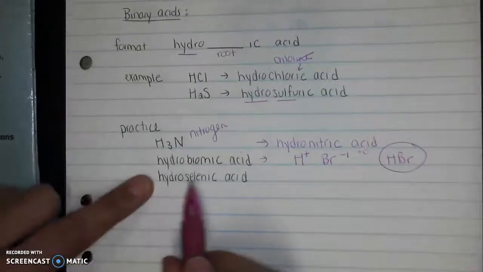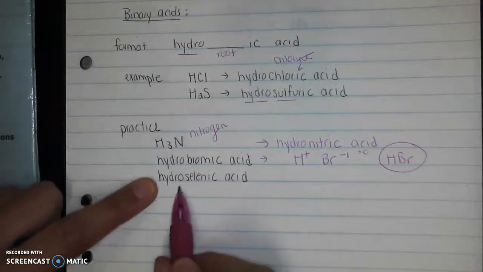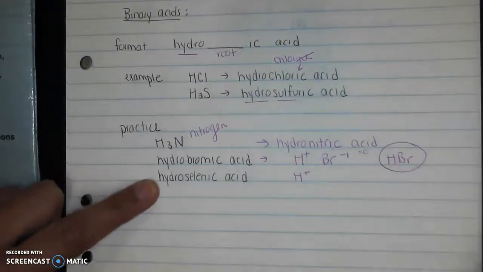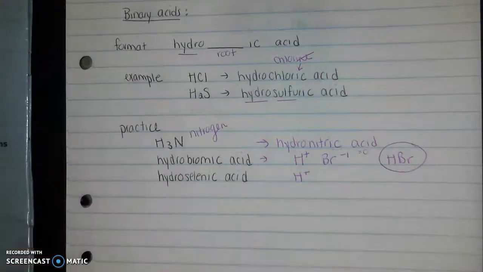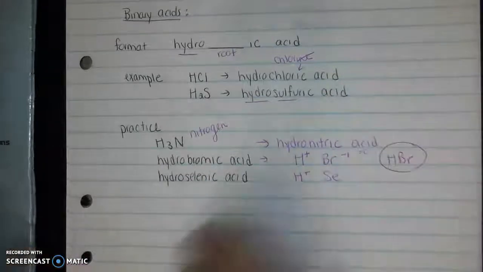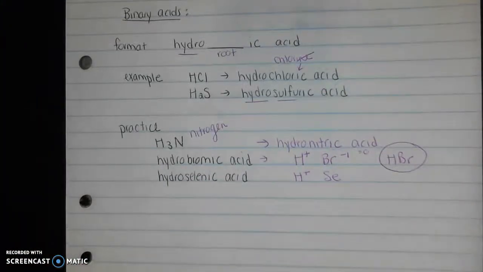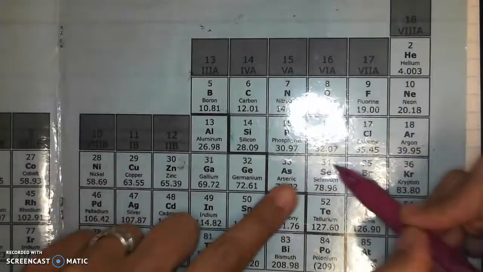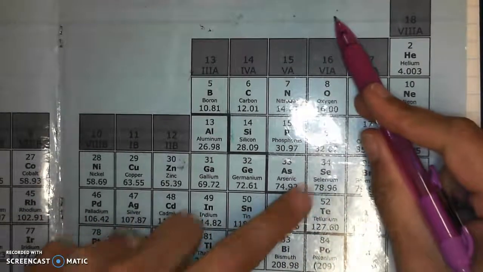Okay? Hydroselenic acid. Because it's an acid, we know that it's starting with an H+. Selenic sounds like selenium, so we have Se. Again, we can go to our periodic table, and based on the spot that selenium is in, we know that it has a -2 charge.